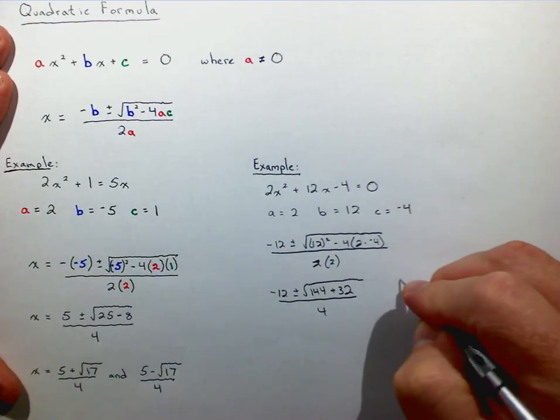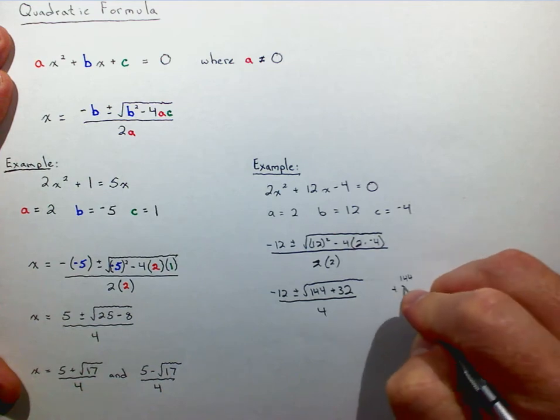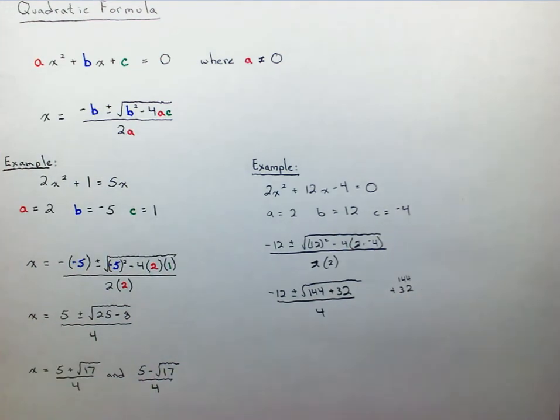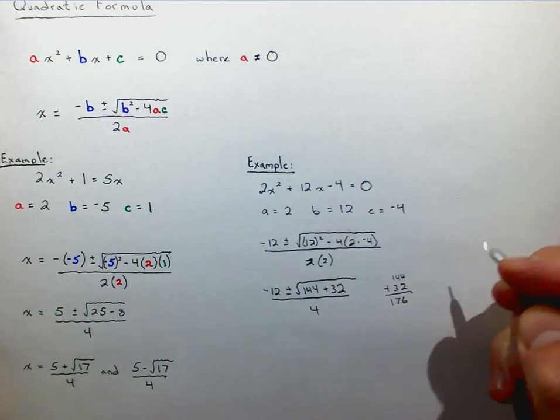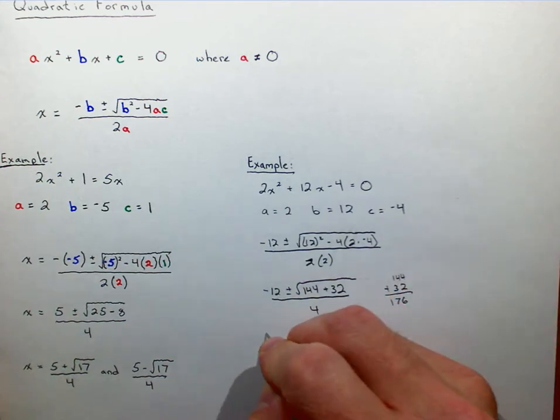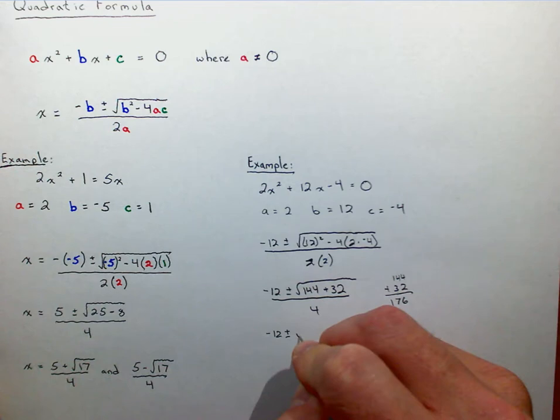So 144 plus 32 will be 176. So that's what's under my radical. So I have negative 12 plus or minus the square root of 176 over 4.